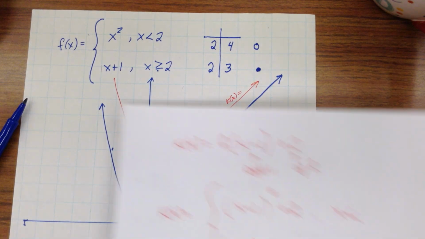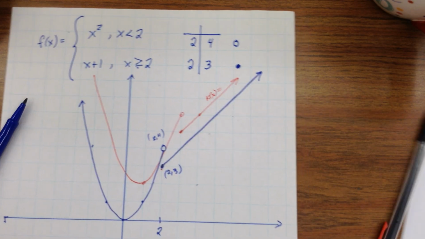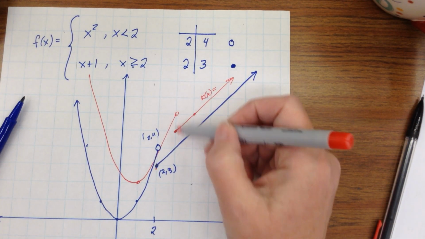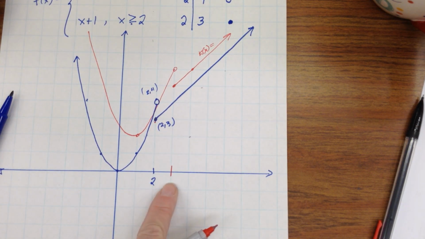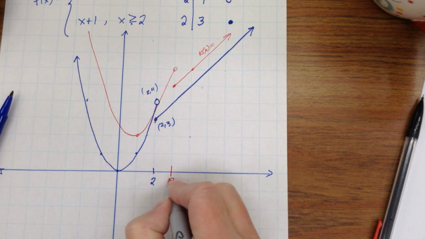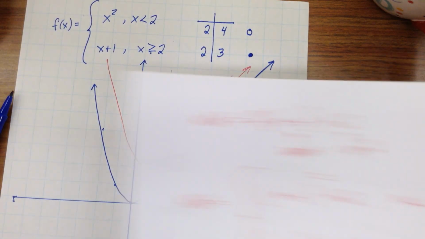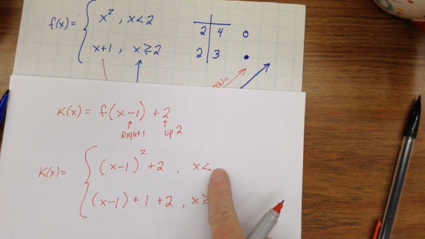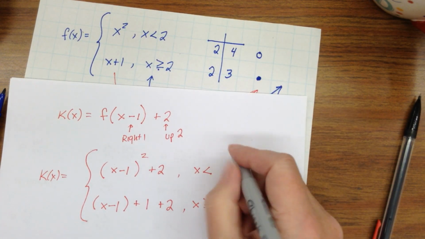But wait, we moved the graph over. We moved the graph right 1. Where is the red graph switching? It's not switching at 2, it's switching at 3. You moved right 1. Well, even the transition has to shift right 1. So instead of a 2 here, we put a 3.